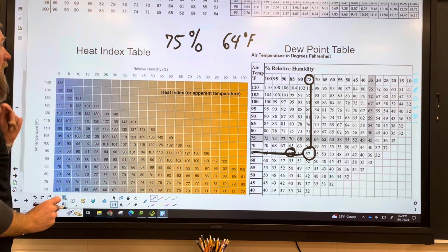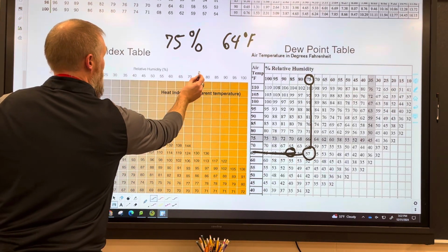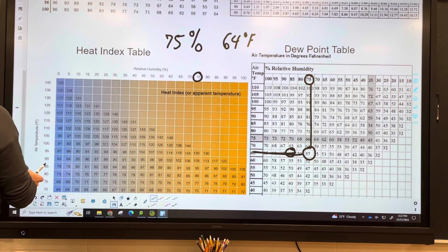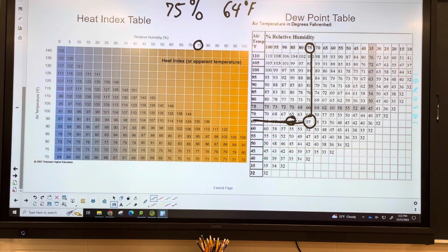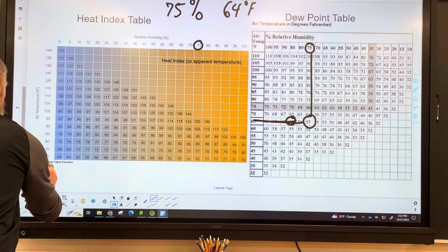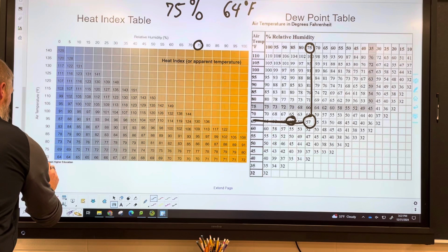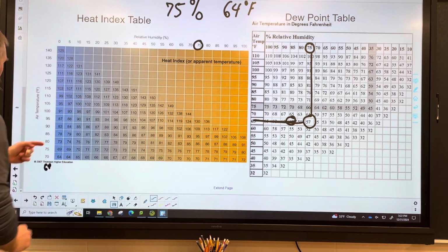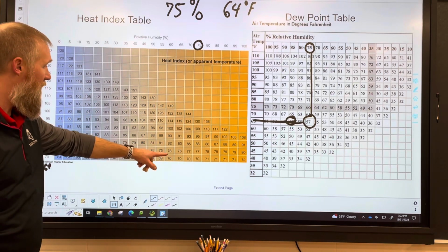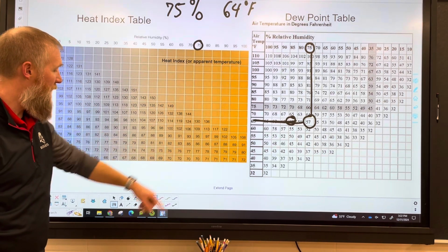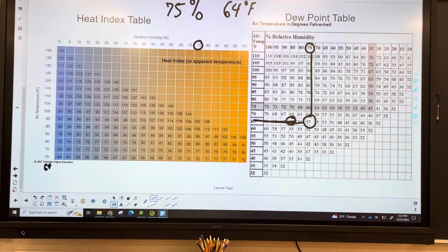Next one would be heat index. I'm just going to jump right into these. So 75% and air temperature is 64. Oh no, it doesn't compute. I've got to find a better table. All right, maybe I gave you a better table. Let's just go down. Sometimes you can guesstimate because you can see a pattern in the numbers as they're changing. They're going down about the same as you're working with this.